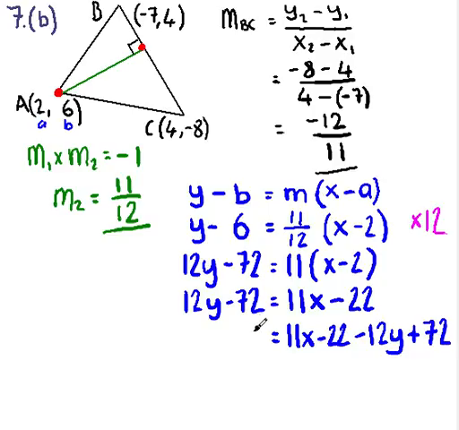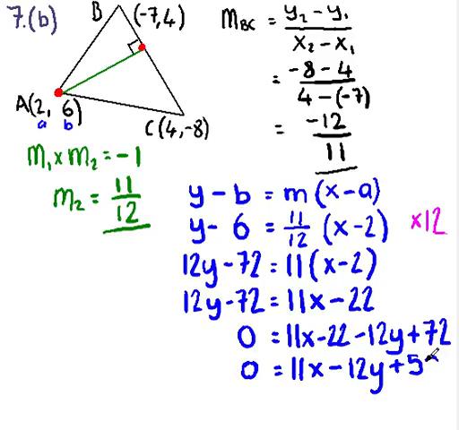That leaves nothing on the left-hand side, so we have 0. Simplifying on this side, we have minus 22 add 72, which gives us 50. So that's 11x minus 12y plus 50.